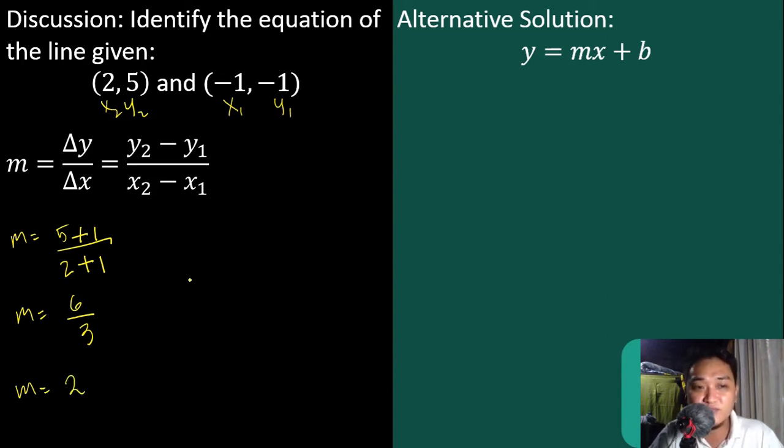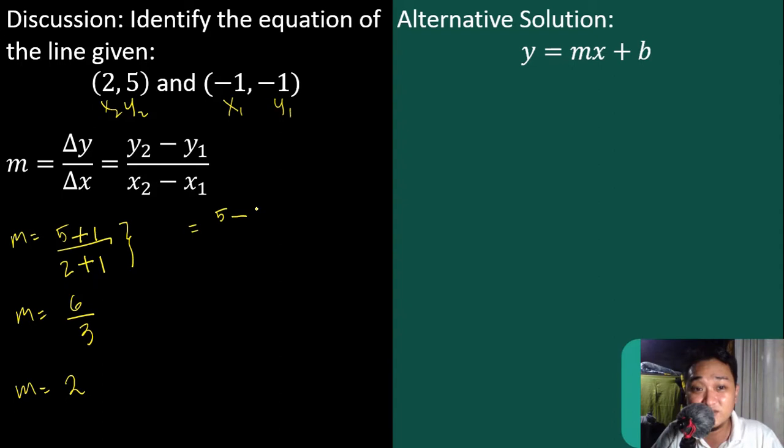Now, para sa mga nagtatanong, sir, parang ang bilis naman ata ng shortcut. Pwede naman natin isa-isahin. Ganito lang yan. Para dun sa mga nagtatanong kung saan galing yung shortcut, ganito yan. So, if you have your y sub 2, which is 5, syempre, yung laging operation ng increment is minus.